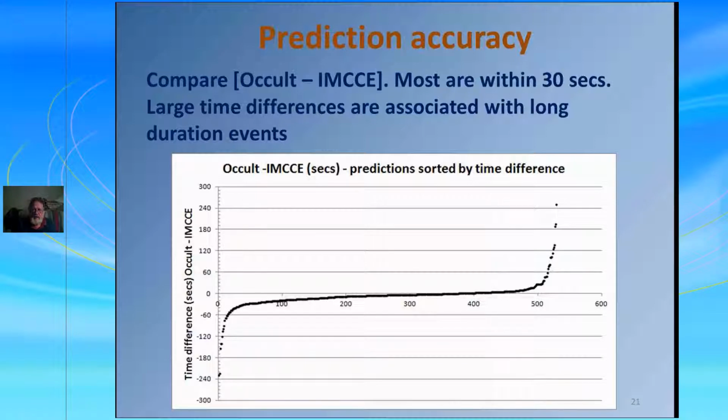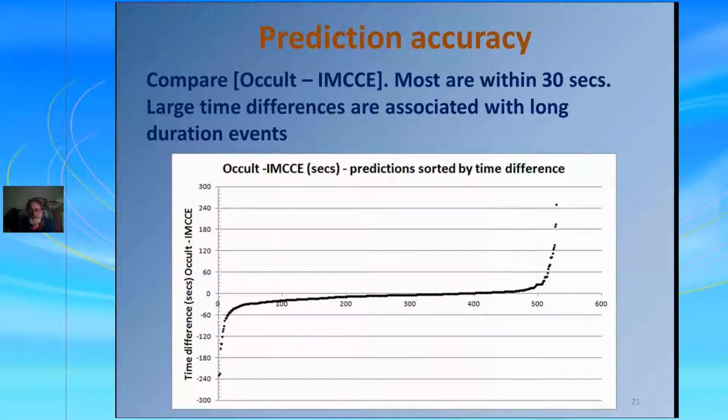But this is a comparison of the central time of the events between the IMCCE predictions and the Occult predictions. Most of the times are within about 10 or 20 seconds of each other for mid-time, and that's for events where you're looking at an observing duration of 10 or 15 minutes.